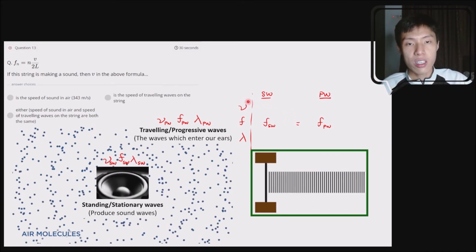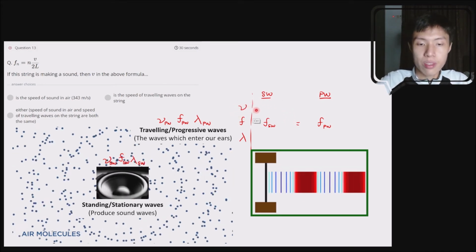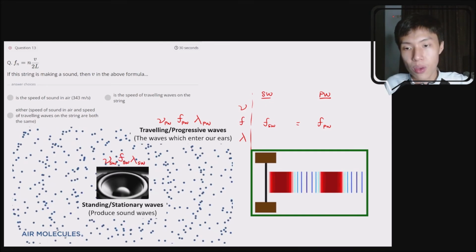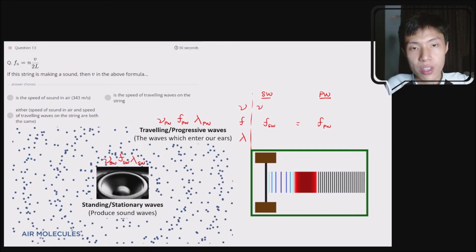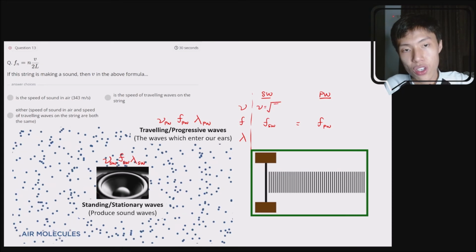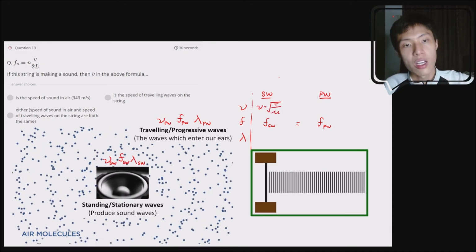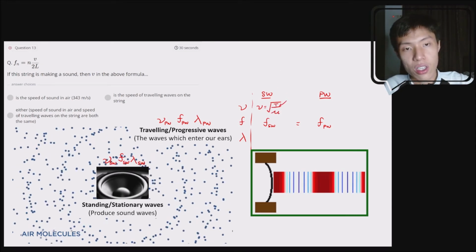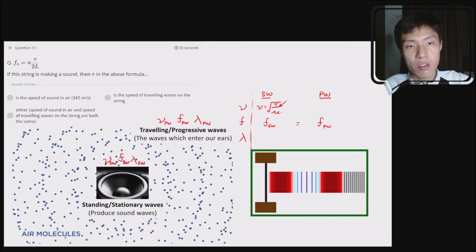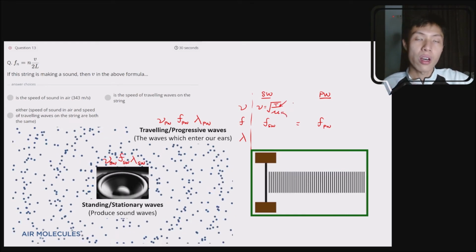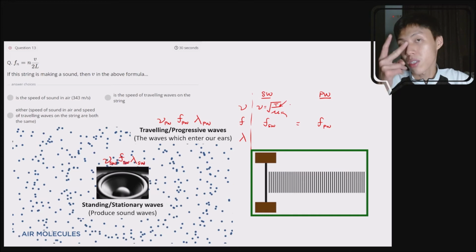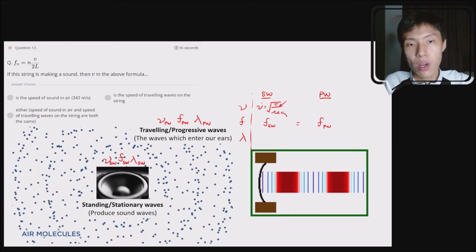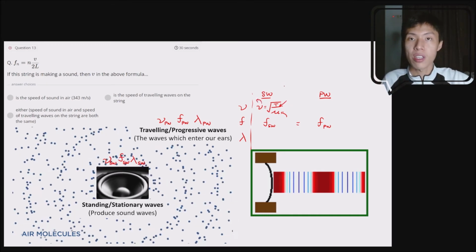Okay, next, if you look at the wave speed, you know that for the standing wave, if it's a string, it depends on this equation over here. So if you substitute in the tension exerted on the string, and you substitute in the mass per unit length of the string, then what comes out is the wave speed.